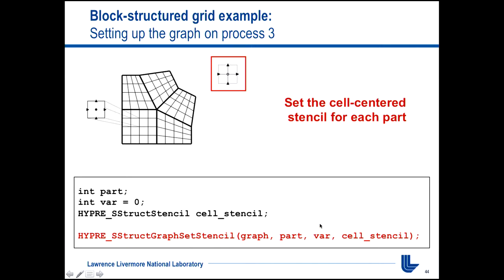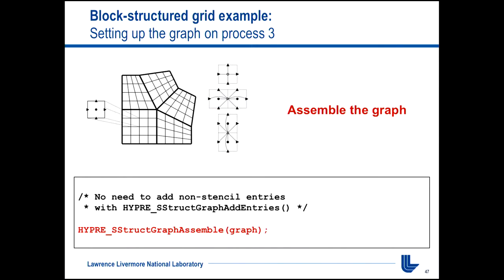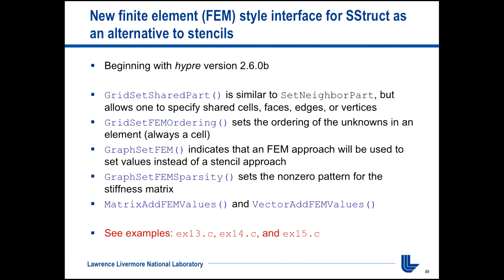And then you actually call this set stencil call 3 times, once for each of the stencils, and then assemble, and that's the graph in this example. Okay? To set the values, it's very similar to the struct case. You call this set values or add to values calls, and there's a box version of these as well. Okay? So that's the stencil version of the semi-structured setting.